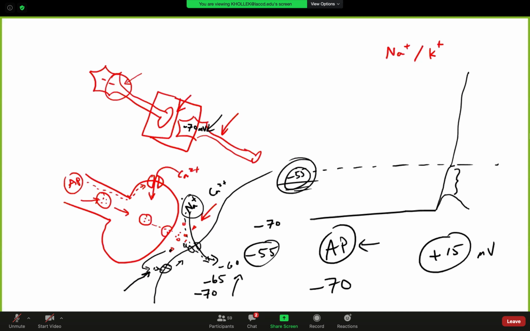Now if it does reach it, then you go into the depolarization phase, which was right over here, and that is determined by the permeability for sodium ions through the membrane increasing, and more sodium going inside through the mostly voltage-gated channels. As a result, you reach the peak, in this case positive 35, which was right around here, positive 30 to 35 millivolts.